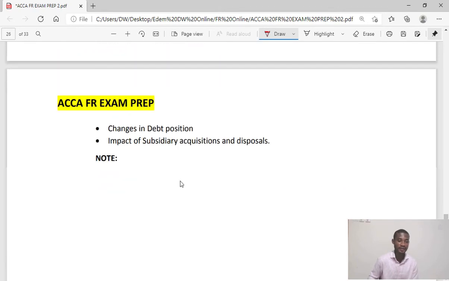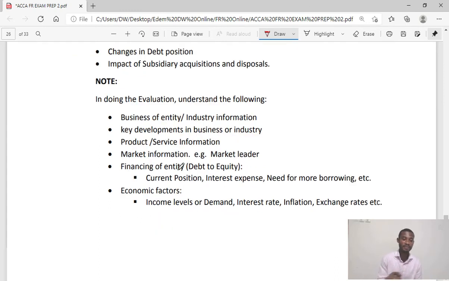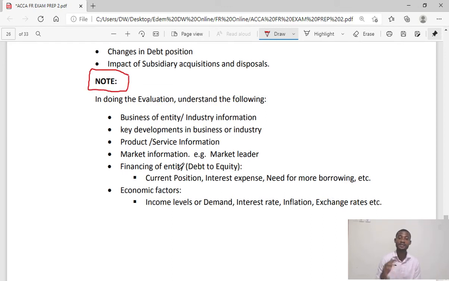Then let's look at other reasons, or we have changes in debt position, or the impact of subsidiary acquisitions or disposal. And please remember, in doing all of these analyses, note these important issues. What is the entity? What is the nature of the entity? Is it a manufacturing company? Is it a service company?